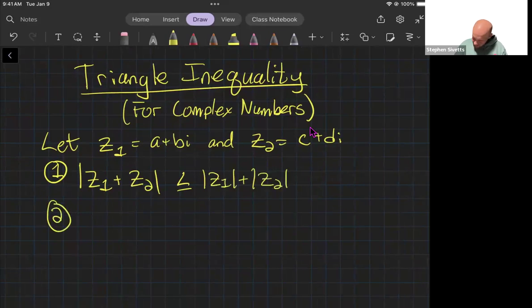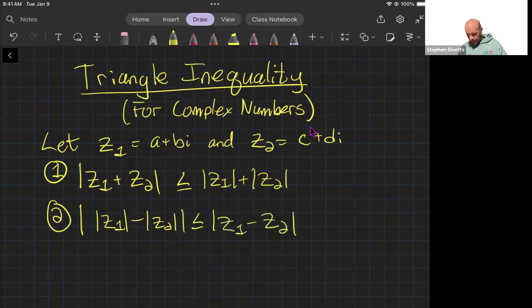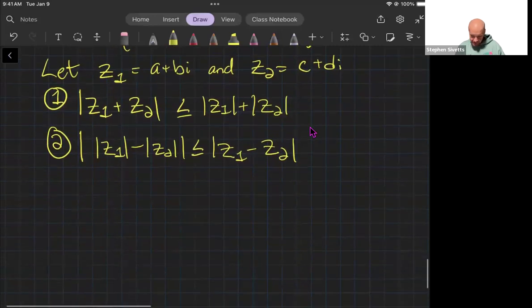The second part of this inequality is the modulus of z1 minus the modulus of z2 is less than or equal to the modulus of z1 minus z2. Okay, z1 minus z2.